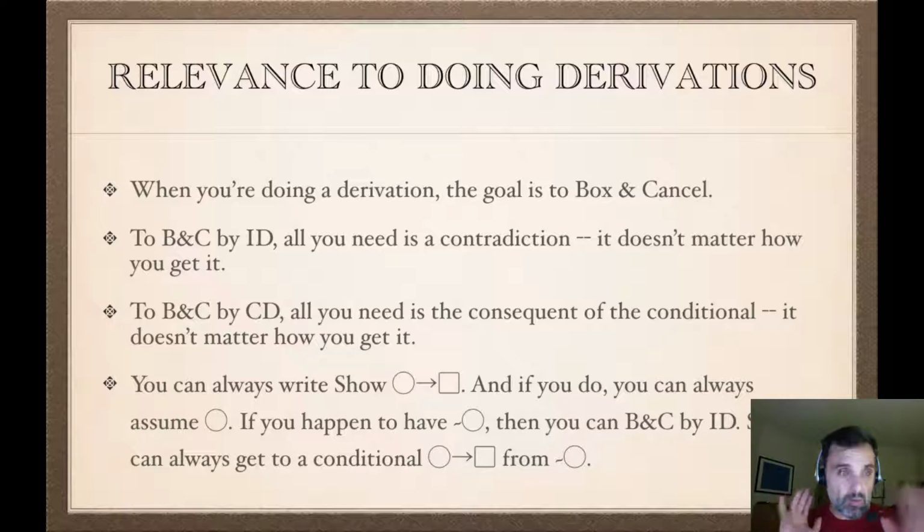So the fundamental point here is, when you're trying to show a conditional, when you're working with a conditional, you want to remember that because it has this slightly funny meaning, a meaning that we may see sometimes in English but lots of times not with the conditional, it's flexible, and you can be flexible with your use of it in derivations. If you get the consequent, you're done, however you got the consequent.